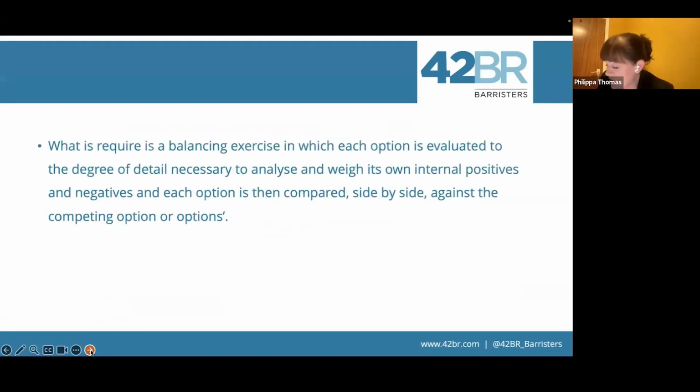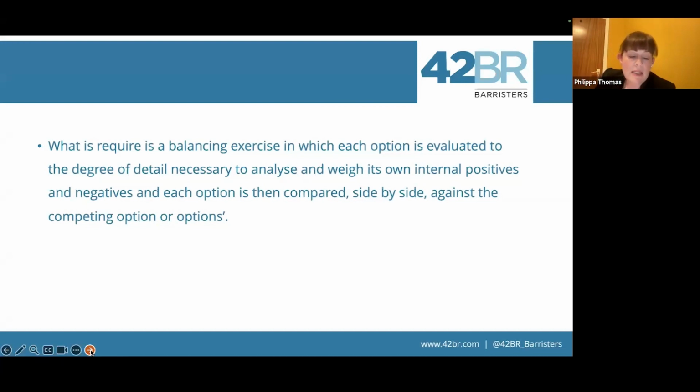Essentially, what is required is a balancing exercise in which each option is evaluated to the degree of detail necessary to analyse and weigh its own internal positives and negatives, and each option is then compared side by side against the competing option or options. I know that most of you on this probably have a regular argument with local authorities as to alternative care plans.